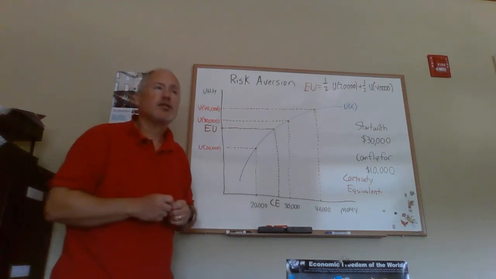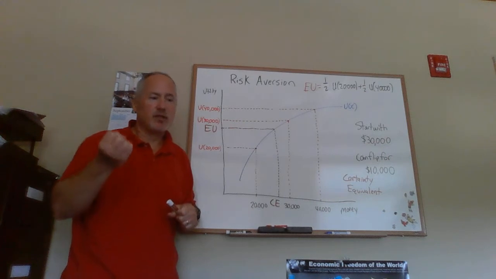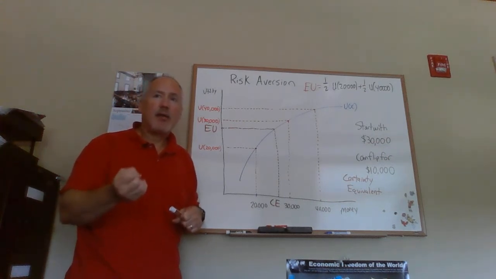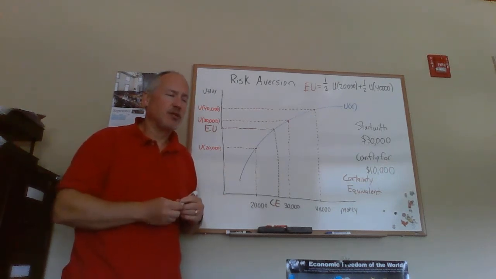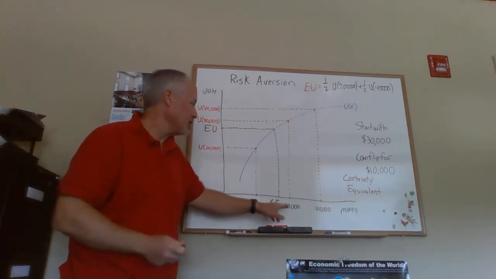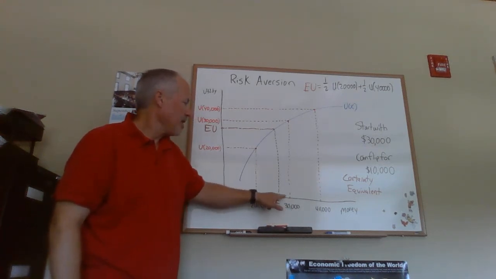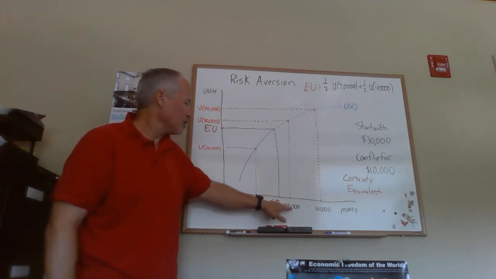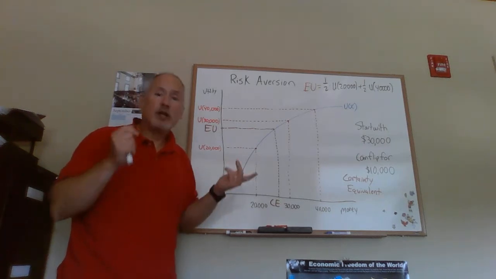So when a person's risk averse, the certainty equivalent will be less than the expected value. And that means that they would benefit from getting rid of the risk. If this person was facing this risk, starting with $30,000, they would be willing to pay any dollar amount up to the difference between $30,000 and the certainty equivalent to get rid of this risk.